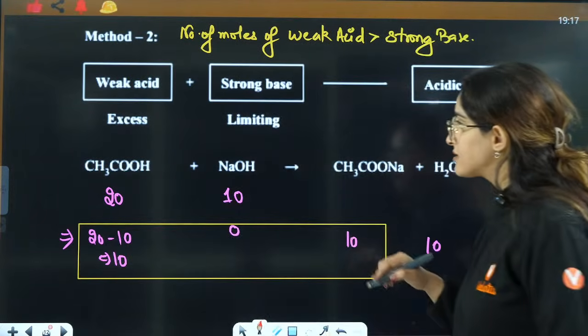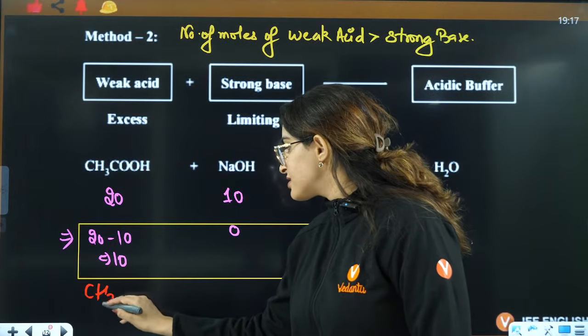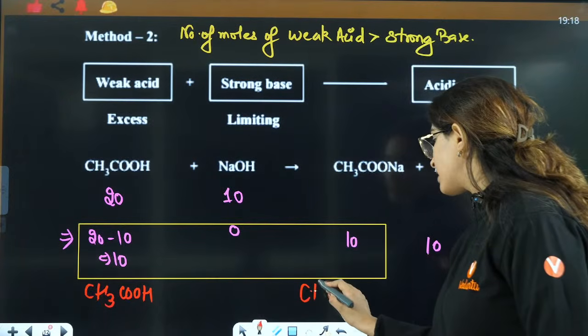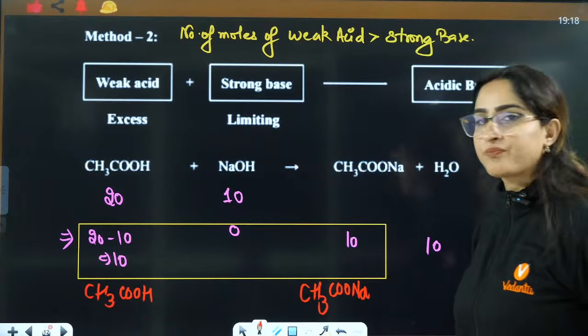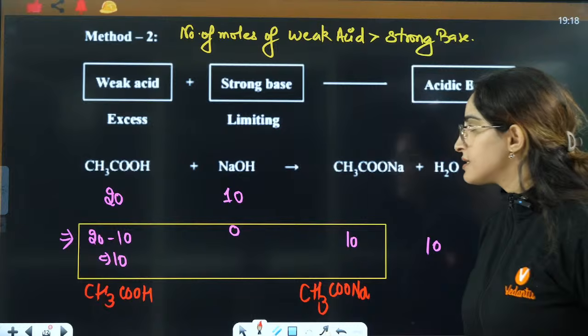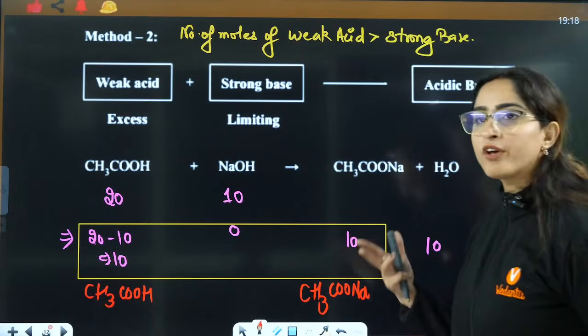Let's talk about these acid and bases; water I will not even think about. In the end, you have CH3COOH and you have CH3COONa in the solution, and this is what we want.